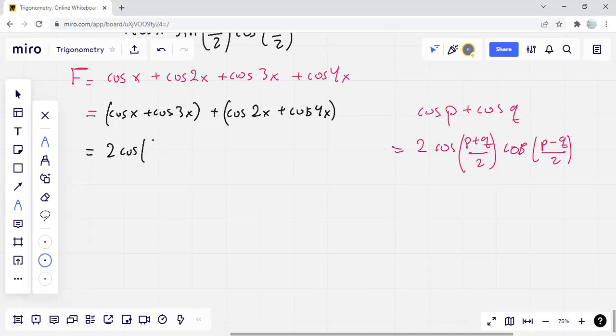So 3x plus x is 4x over 2 cosine of their difference. 3x minus x is 2x over 2 plus, this will give us also 2 cosine of their sum over 2, 6x over 2, and cosine of their difference over 2, 2x over 2. Okay, so this can be simplified.